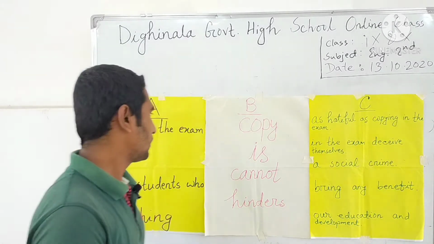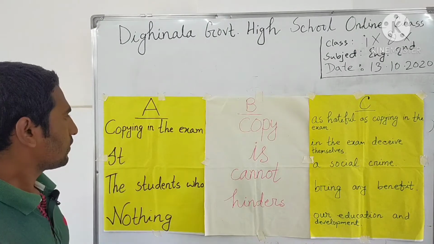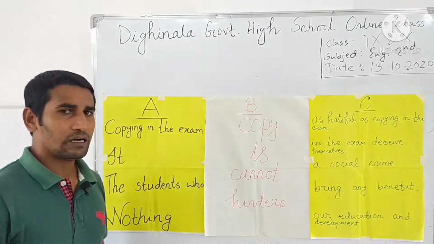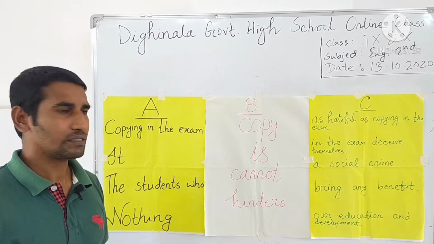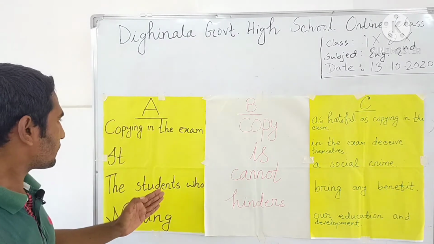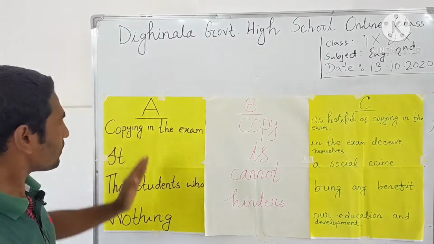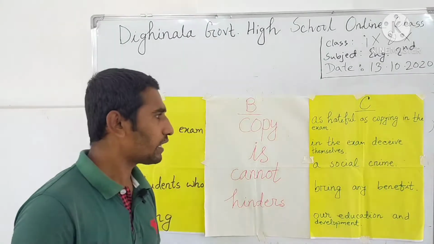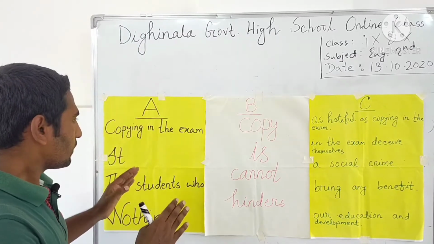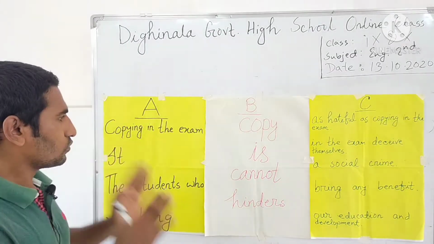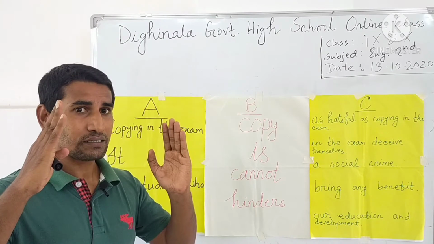Okay, so before practicing this table, you have to set up your mind that you have to understand the Bengali meaning of the items of column A, column B and column C respectively. Then you may have some ideas about the topic.